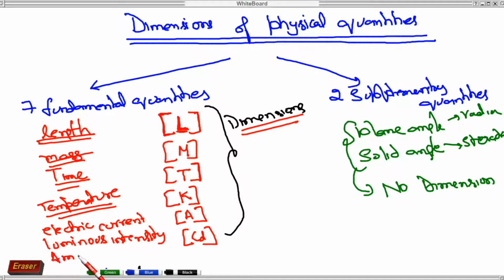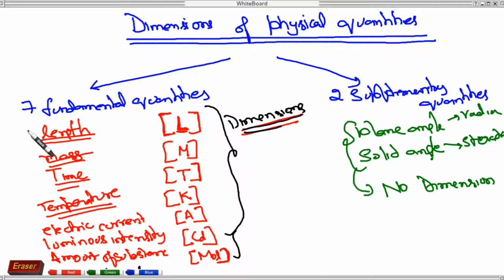And there is another, amount of substance, that is mole, so we write it like this, mole. So this is how we show the dimensions of these seven fundamental quantities, like current, luminous intensity, amount of substance, length, mass, and time. Okay.